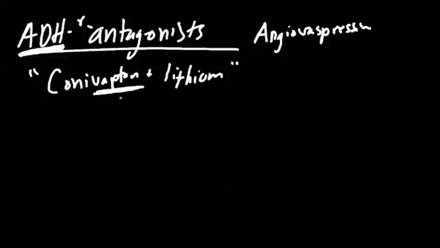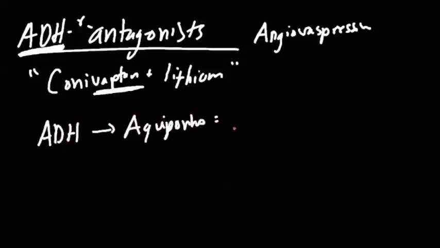Vaptan, ADH antagonist. And associated with ADH, ADH simply puts aquaporins onto the collecting duct. Aquaporins, aqua stands for water, pore, like a pore, so it creates a pore for water, and water will come back in.